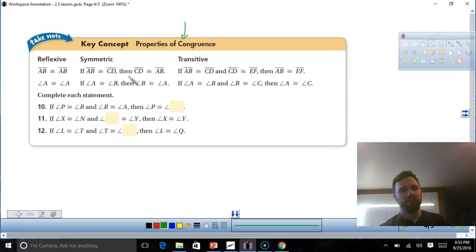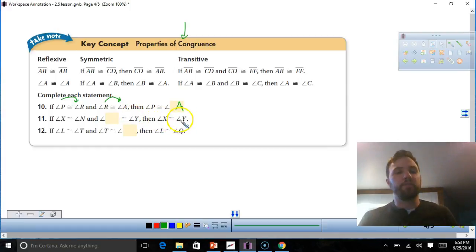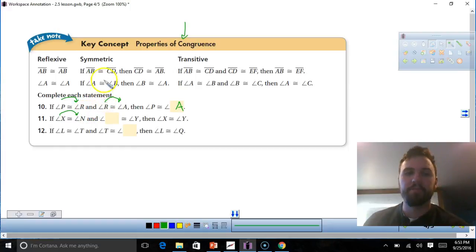Alright? So let's complete each of these statements. We can do it. If P is congruent to R, and R is congruent to A, so if P hooks onto R, and R hooks onto A, then P is actually hooked onto the caboose of A. If X is congruent to N and blank is congruent to Y, X is congruent to Y. So X hooks onto N, and we need something to hook onto Y. N did, we'd be all set.